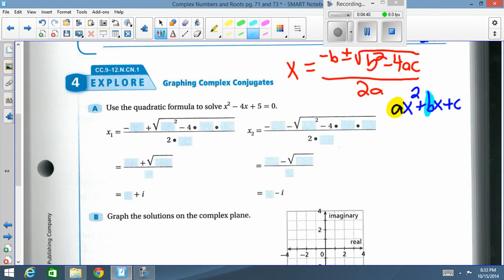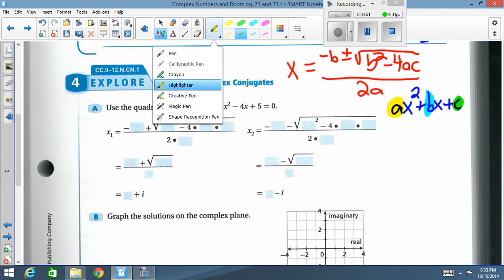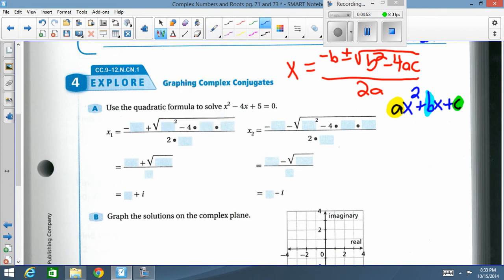B is the number in front of the x. C is the number that's without x, a constant. We never include x's when we're substituting here. We use numbers. So in this case, even though it is x squared, there's an understood 1 right there.